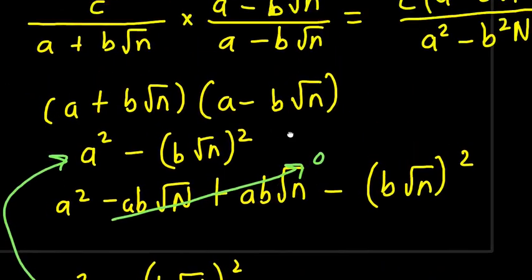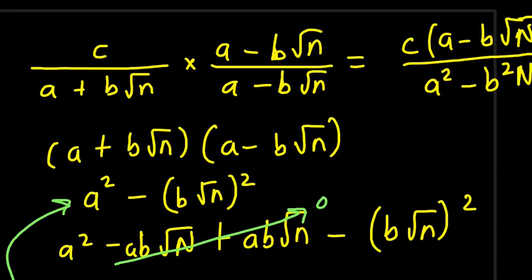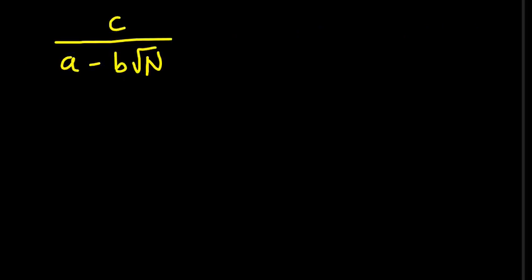Okay, let's do a similar problem as well. For this problem, we don't have a plus sign, we have a negative sign. So here we have to multiply by a plus b root n.